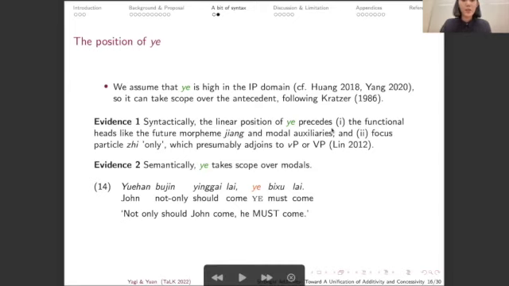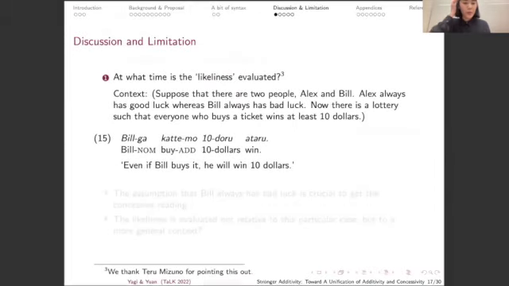Okay, so then in the next part, we're going to talk about three basically the limitations of this study. So number one is, at what time should this likeliness be evaluated, right? Is this being evaluated at the point the speaker uttered the sentence, or is it being evaluated in a more general sense?